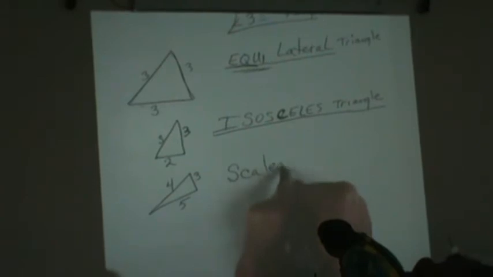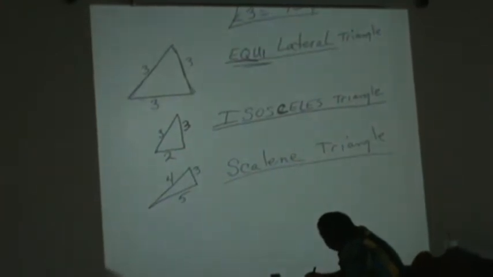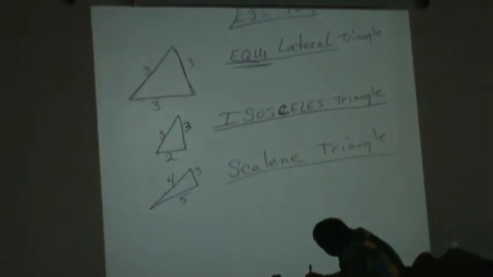Isosceles triangle. And what if they're all different? Okay, say that was 4, 3, and 5. All different. Scalene. Scalene triangle. Okay? This is classifying the triangles by their sides.